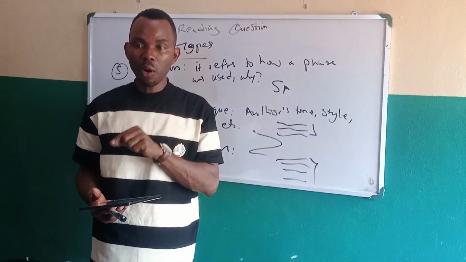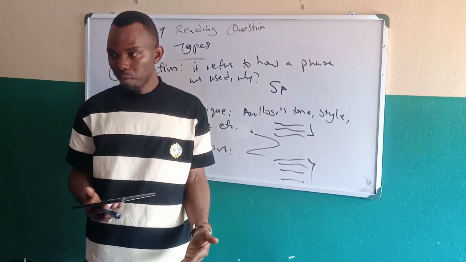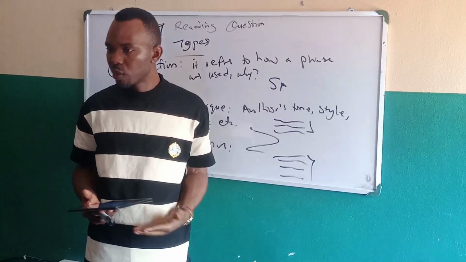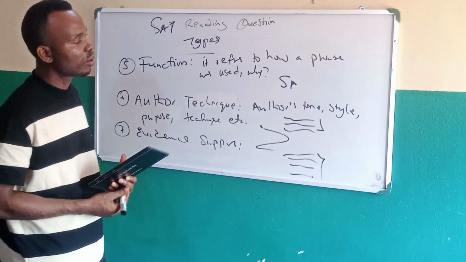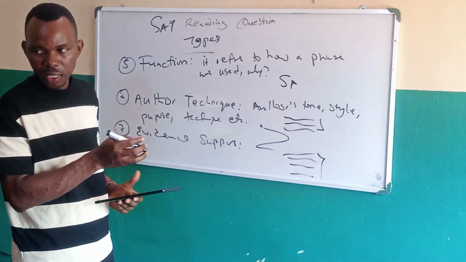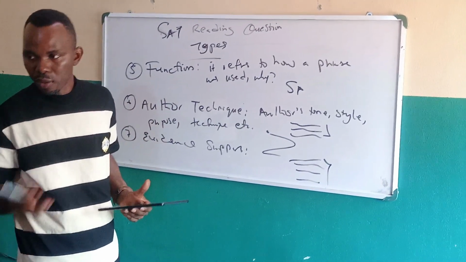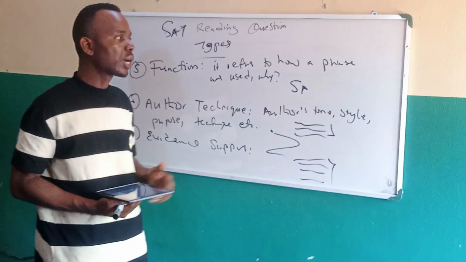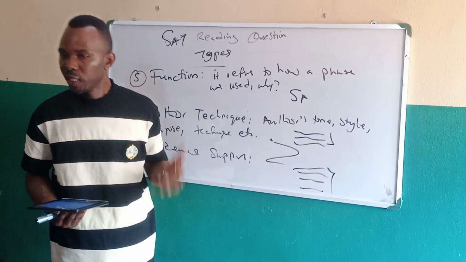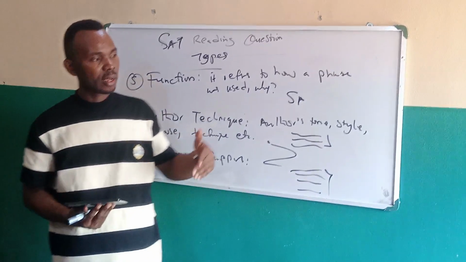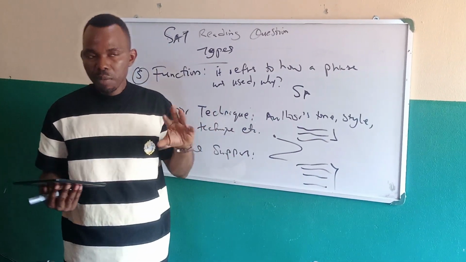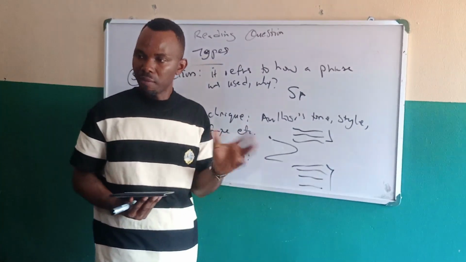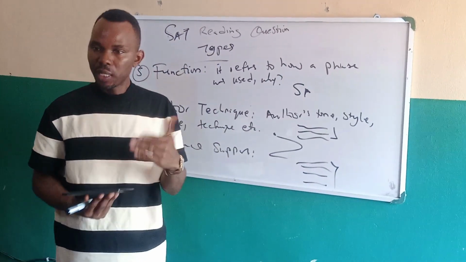The question may not always be about shift, but if it happens to be this kind of question, it means that you need to try to identify what was the author talking about initially, and then what did he start talking about after his shift. So you may look out for connecting words, something like but, however, furthermore, because when you see connecting words, it indicates a shift.